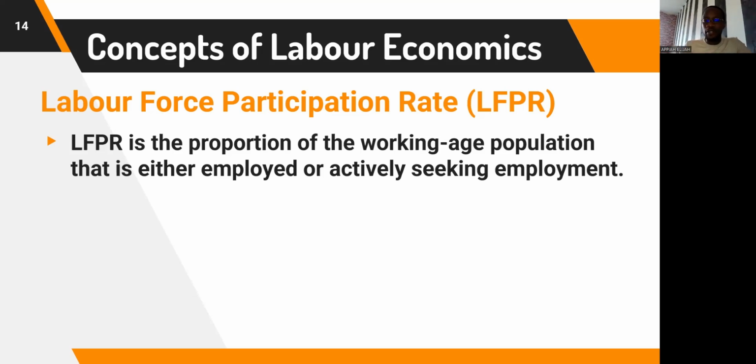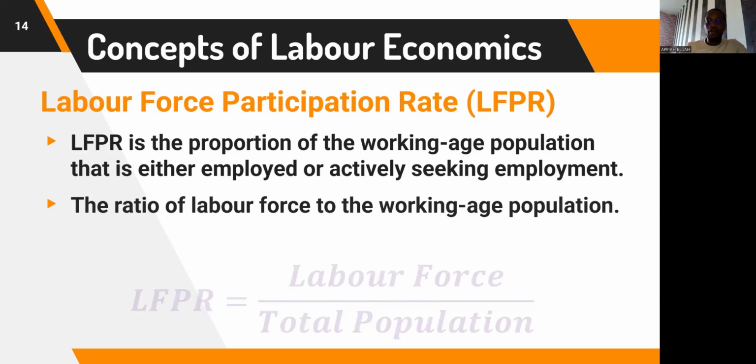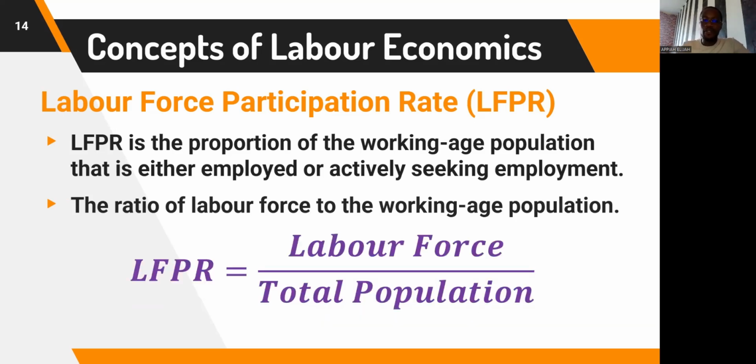So it is a ratio of labor force to the working population. Labor force participation rate is labor force divided by total population. That is the proportion of the total population that is either employed or actively seeking employment.